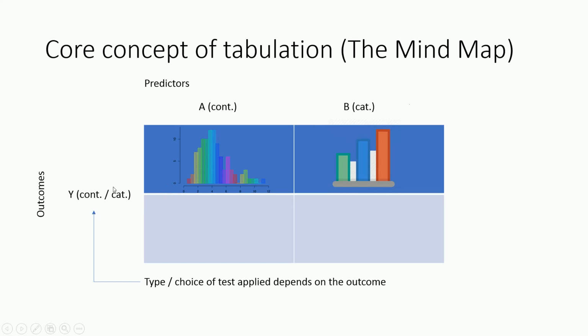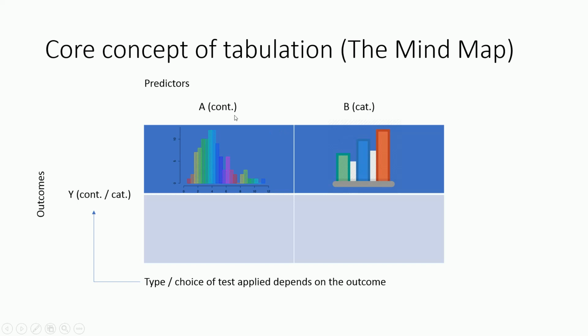You should keep your outcome on the y-axis. Like in this case, Y is on the y-axis, and you should keep all the predictors, like in this case A and B, on the x-axis. Now in this case, as you can see, A is a continuous variable, that's why it's represented with a histogram, and B is a categorical variable, it's represented with a bar chart.